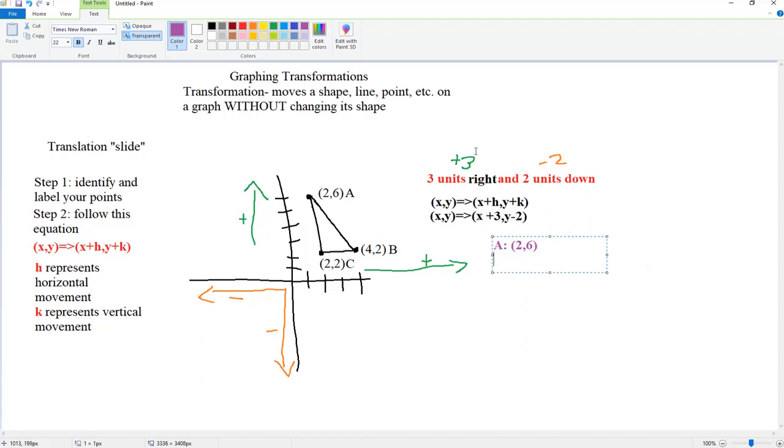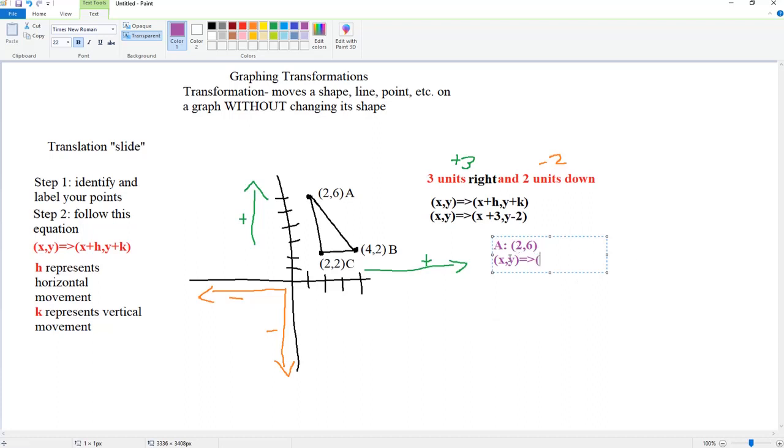So what I end up with is x, y. You should always start out with this, x, y. You have to do this equation step by step. So you see this whole thing, you have to write this whole thing. This is the translation equation. So x, y turns into, now you plug in.